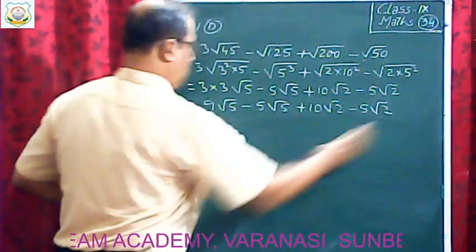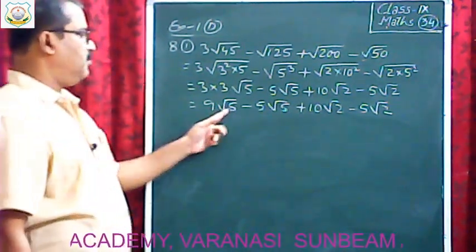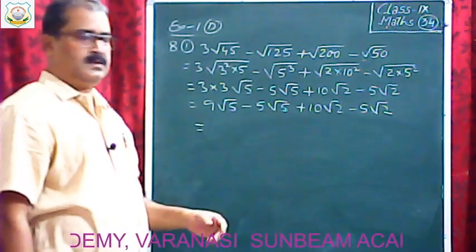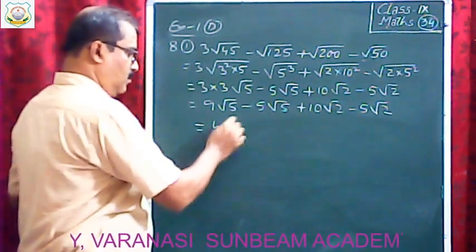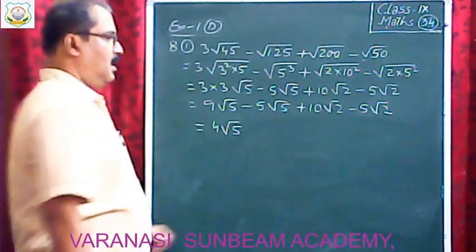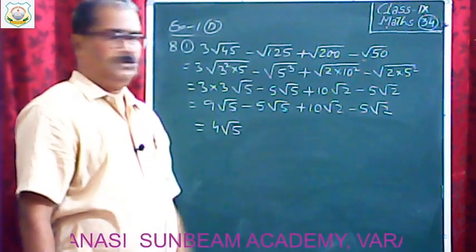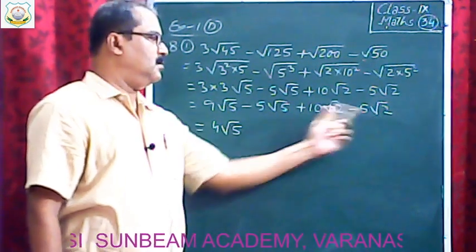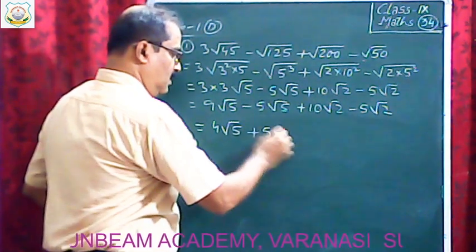Now after calculation, 9 square root 5 minus 5 square root 5, both are like numbers. So 9 minus 5, 4 square root 5. And thereafter 10 square root 2 minus 5 square root 2, square root 2 and square root 2 are like numbers, so you get 5 square root 2.